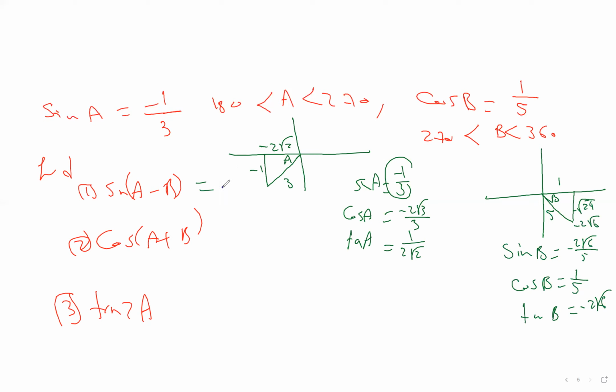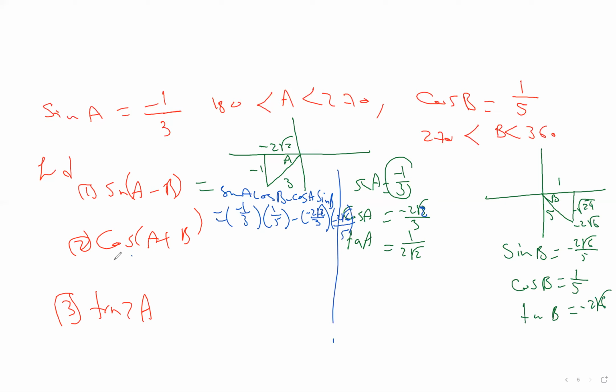Sine A minus B will be sine A cosine B minus cosine A sine B. And substitute sine A is negative 1/3, cosine B is 1/5, and cosine A is negative 2√2/3 times sine B, which is negative 2√6 over 5, and find the value.